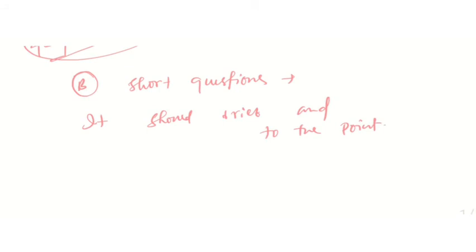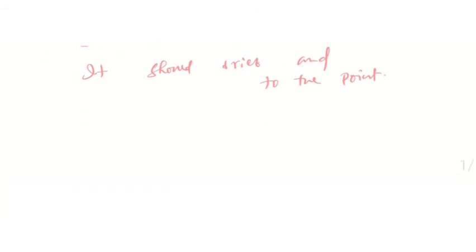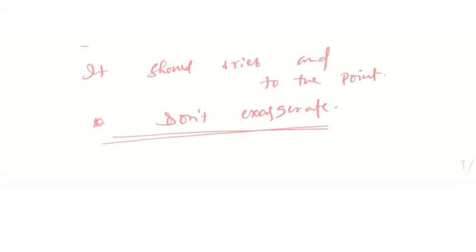You have to take the points from the text and answer the question. You cannot exaggerate. Don't exaggerate, that is totally discarded from your learning. By doing these things, you can write properly in the unseen comprehension part.